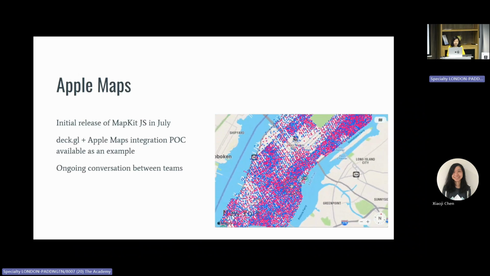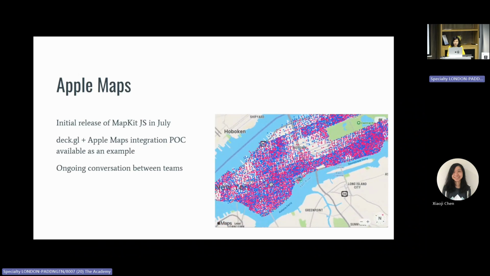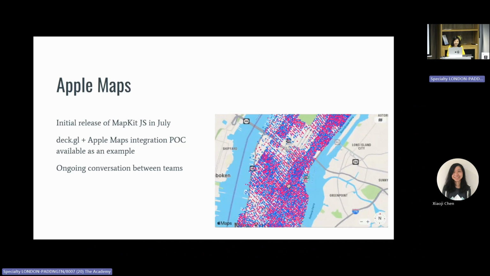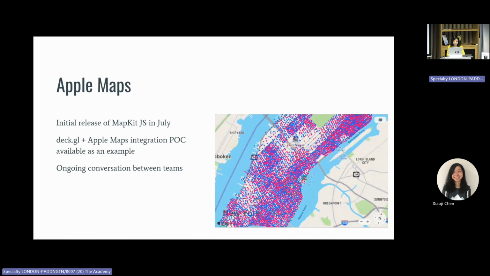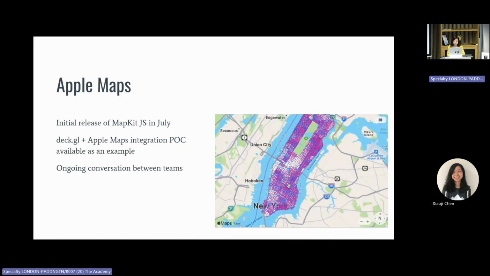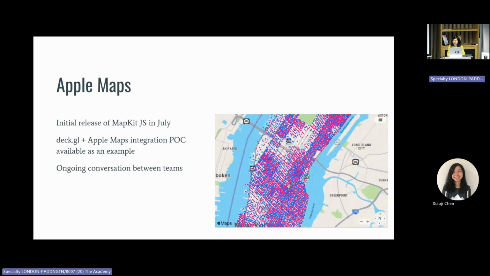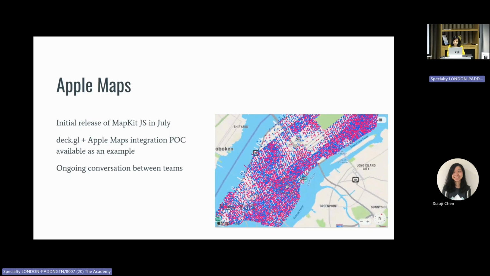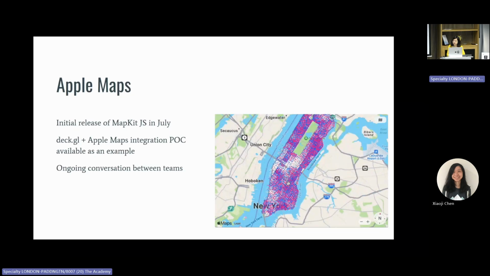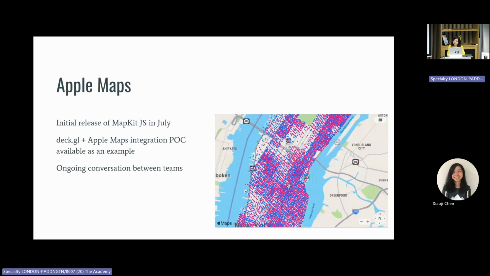Apple announced their MapKit JS in July. That is their first try at maps on the web. And Felix has made a proof of concept that has Vis.gl integrated with Apple Maps. I don't think they have tilting right now. No, they don't. Not on the JavaScript version. If you use their desktop maps app, then it is able to do it, but not this one.